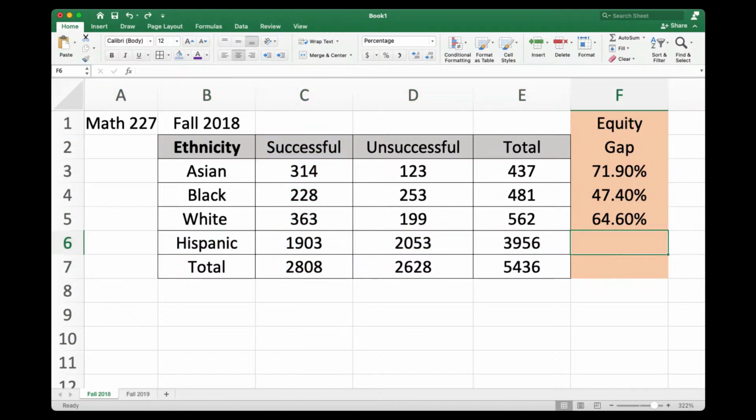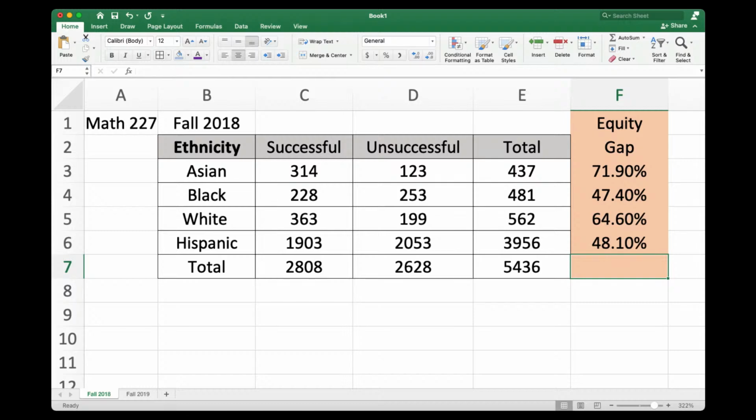Now let's ask you guys this question, 48.1. What are these values called? These are equity gaps. Is that true? So if I ask you guys this question, of these 4 categories of people, groups of people, which was more likely to pass Math 227 in fall 2018?